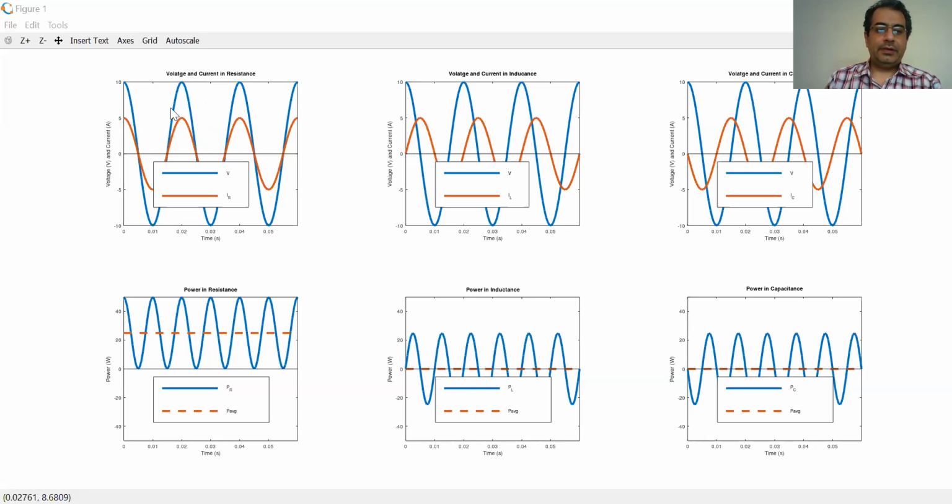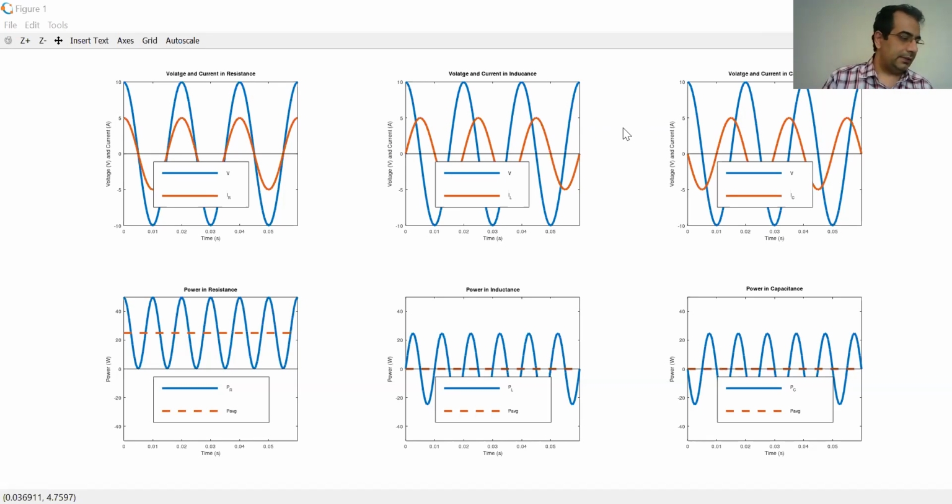So the first column, first row, the image at the very top left corner, we'll see that the voltage and current are in the same phase. Wherever the voltage goes up, the current goes up. Whenever it goes down, the current goes down. But if you look at the top row, the middle image and the right image, you will see there is a difference between the current and voltage.